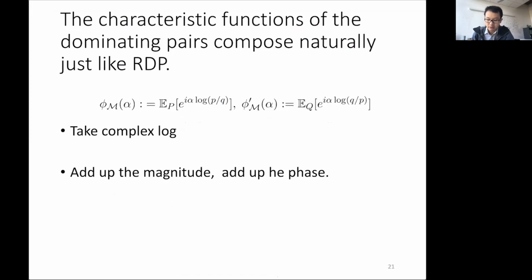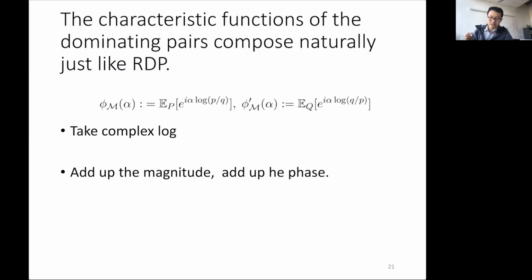So what we can do here is to take the complex log, which is a generalization of the standard logarithm applied to the non-negative numbers. The complex log can be applied to any complex number.